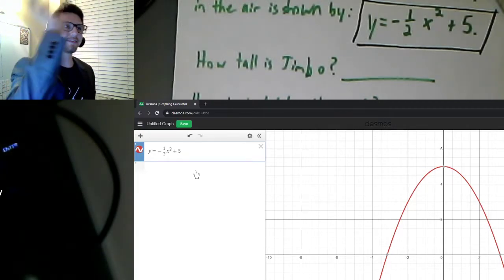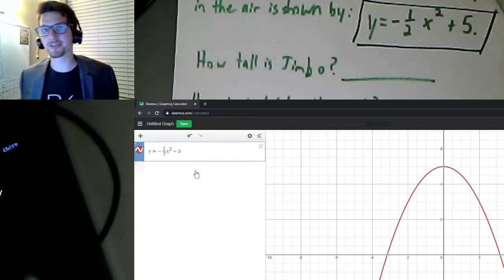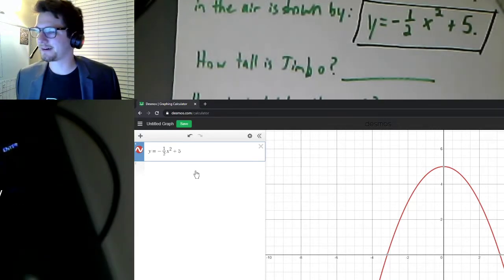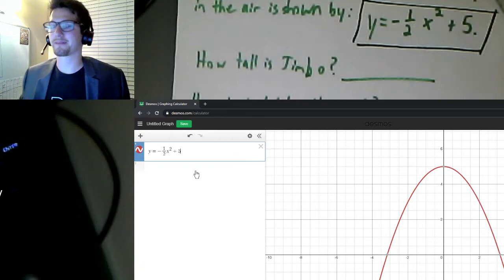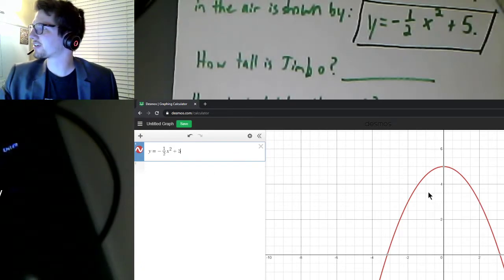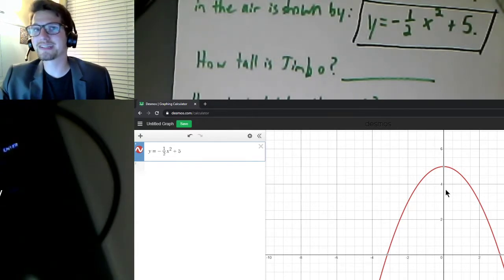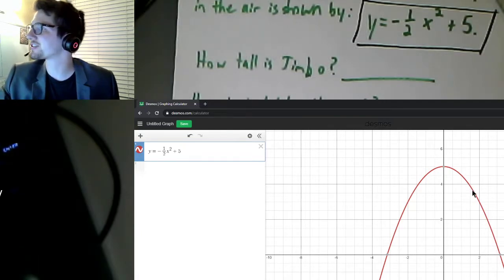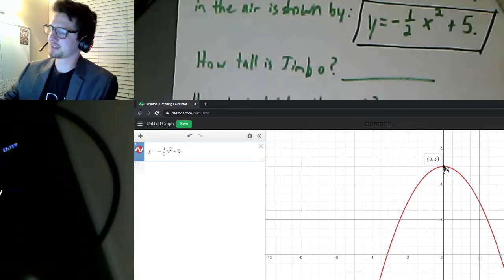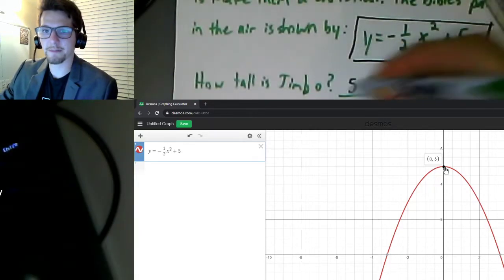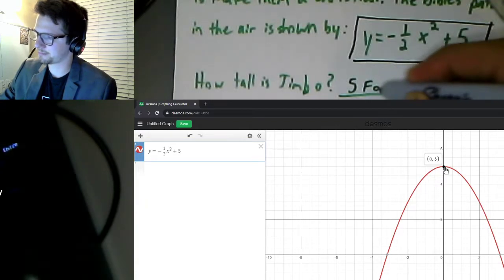So where it leaves your hand is also how tall you are. So this question would simply be talking about the y-intercept. It's like where did he leave the catapult from? It's the same question, just in a different way. So my y-intercept is 5. So Jimbo is a 5-foot dude.